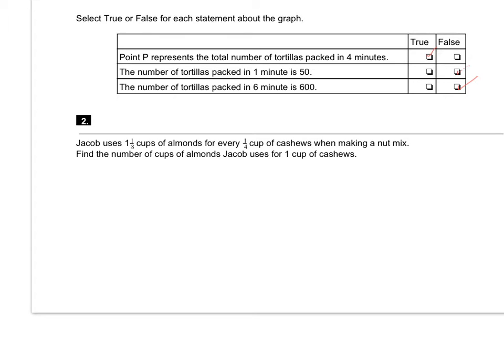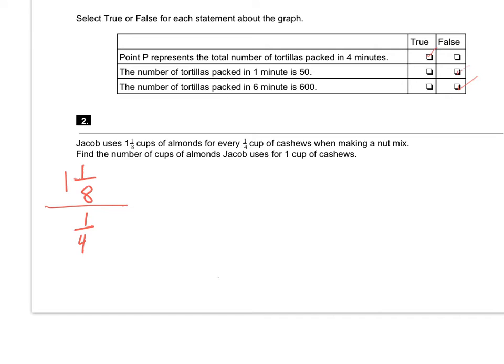For the next part, you are looking for the proportion or the ratio of the cups of almonds to cashews. So let's first set it up as a proportion. We're going to have 1 and 1/8, and now you're going to divide that by the cups of cashews, so 1/4.